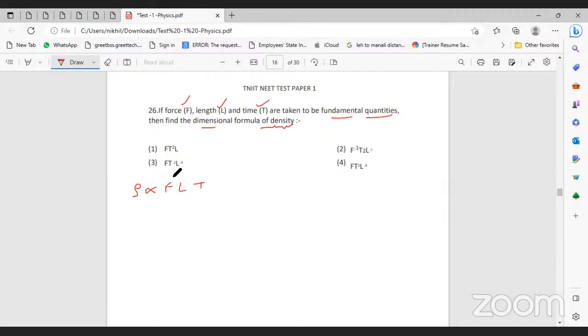Now raise the power for force, let it be A, for length B, and for time C. Now can you write the dimensional formula for density?